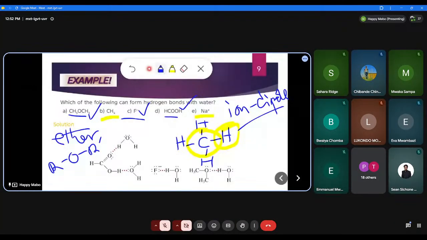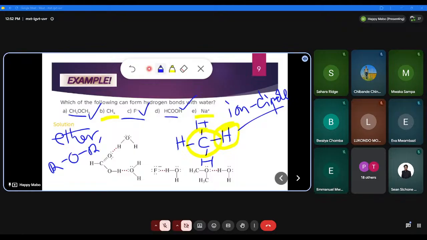This is the only interaction that is going to form between sodium ion and water. We said it is the type of interaction that forms when you have an ion and any type of molecule. So therefore, the only choices we have are dimethyl ether, the fluoride ion, and formic acid as the only ones that should be able to form hydrogen bonds.